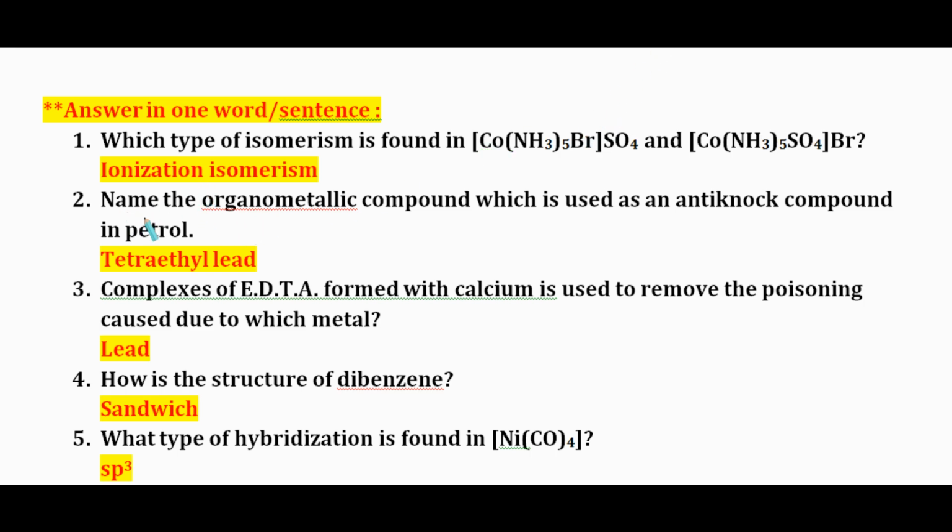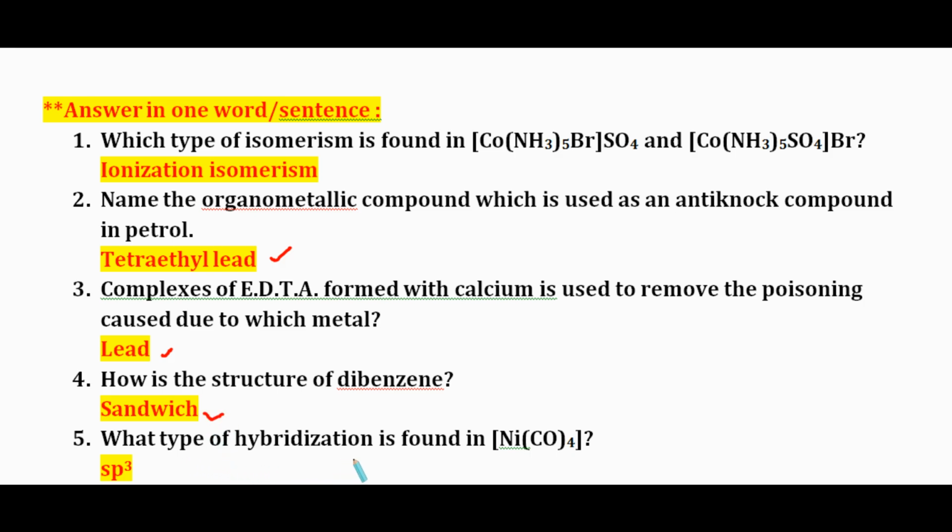Now the next question: name the organometallic compound which is used as an anti-knock compound in petrol. It is tetraethyl lead. Complexes of EDTA formed with calcium are used to remove poisoning caused by which metal? It is lead. What is the structure of dibenzene chromium? It is like a sandwich.